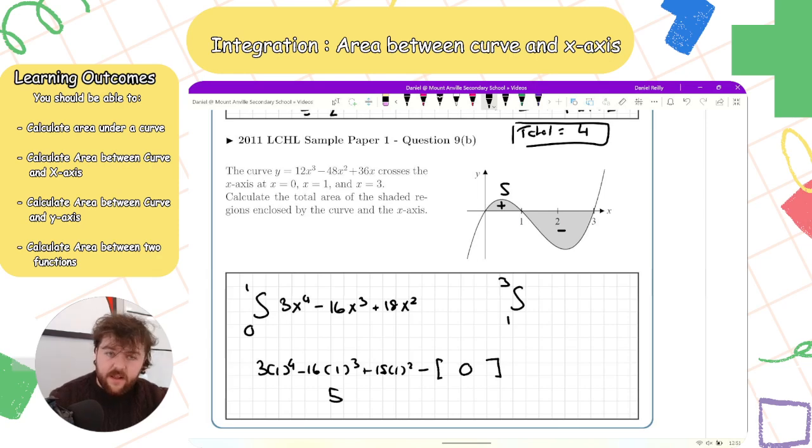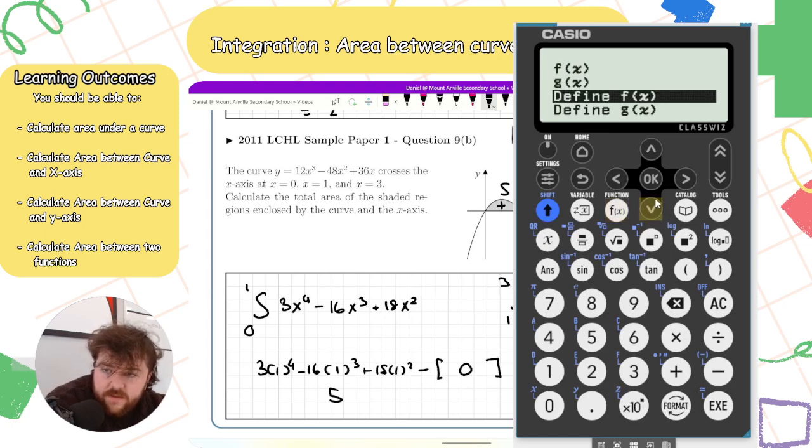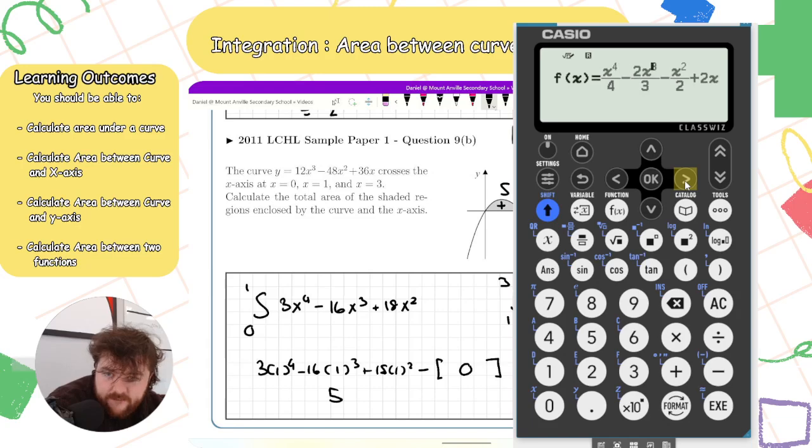The second area is going to be between 1 and 3. Let me open up the calculator here again and define my function: 3x to the power of 4 minus 16x to the power of 3 plus 18x squared.